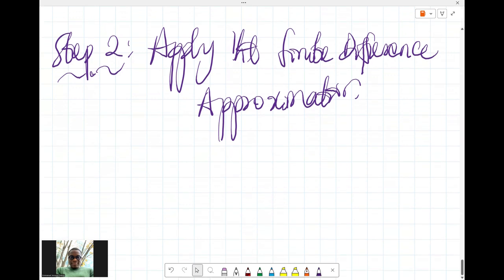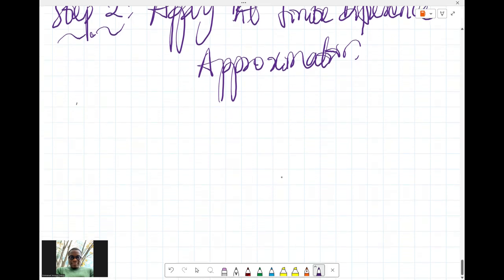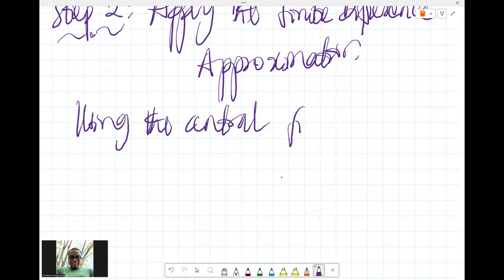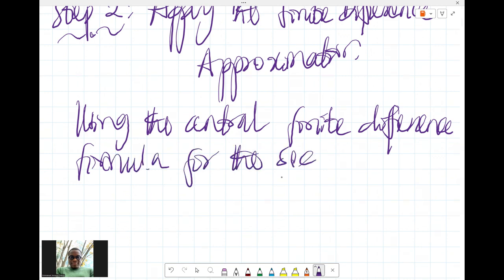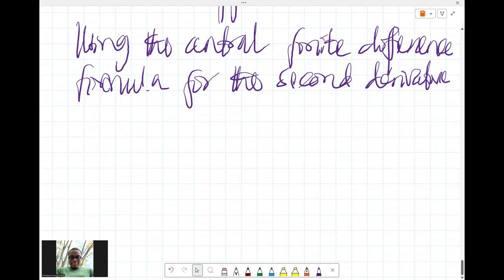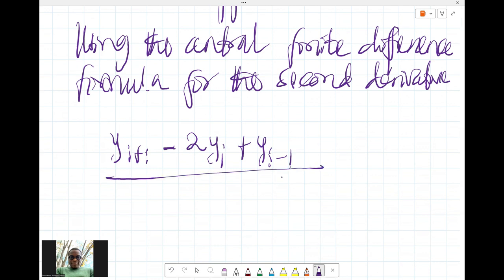So for that, using the central finite difference formula for the second derivative, we have y_{i+1} minus 2y_i plus y_{i-1} all over h squared, and this is equal to minus pi squared y.